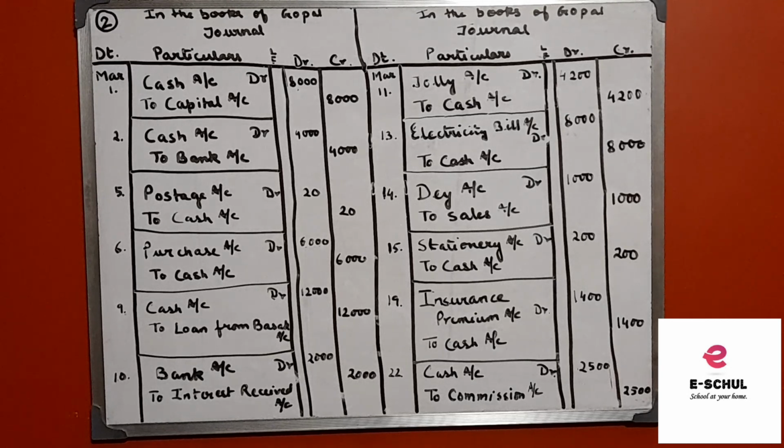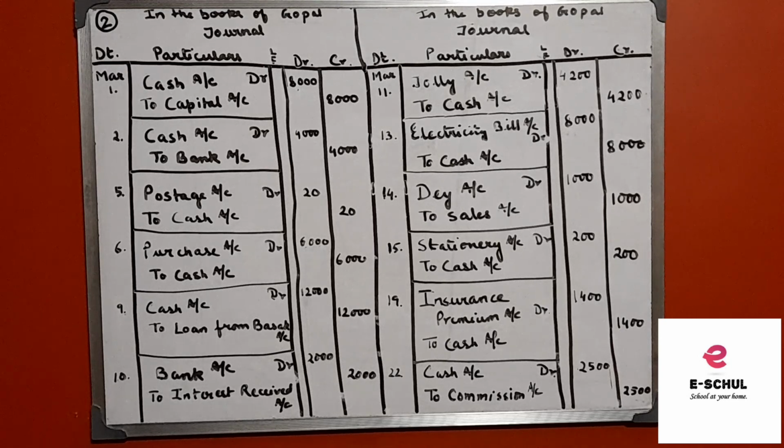The next, purchase goods for resale rupees 6,000. I have given you this particular transaction because many schools give it to make you confused. See the line, purchase goods for resale. Resale purpose means you are dealing with that particular good; you are the seller of that good. So it will be same as purchase goods for cash.